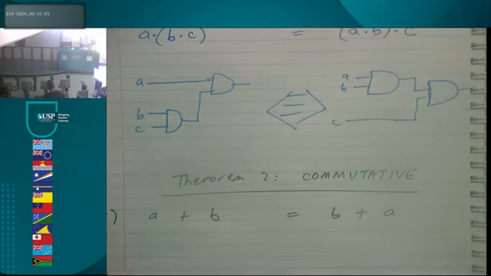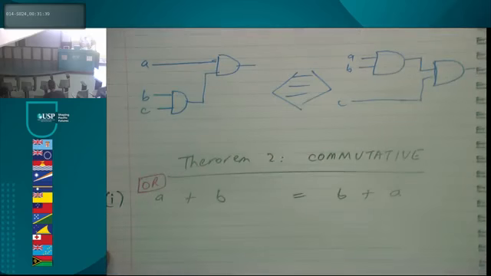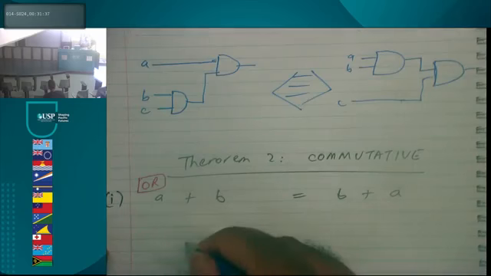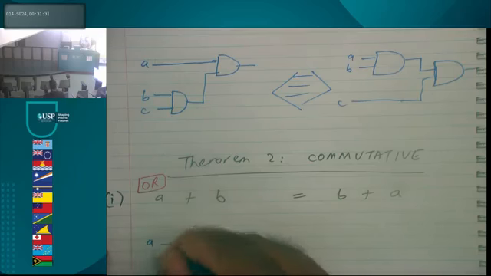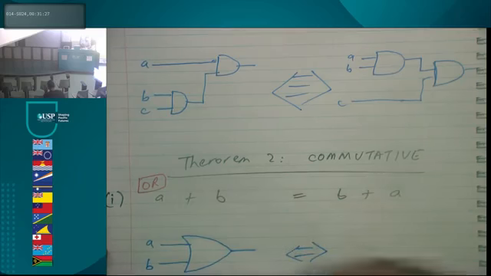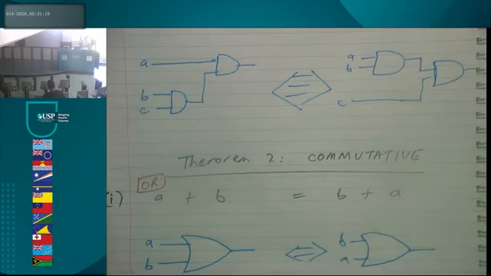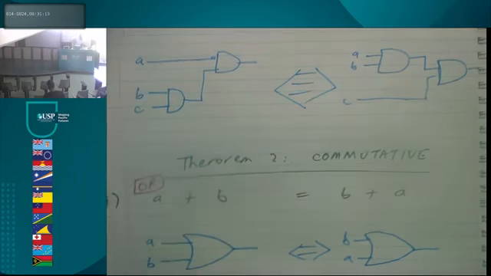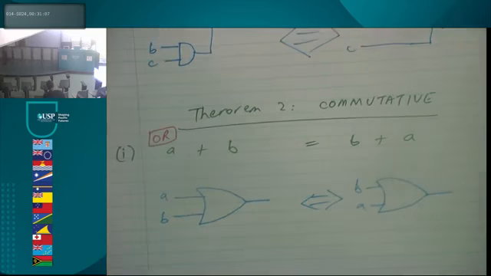Once again, every theorem will have an AND version and an OR version. What this theorem actually means in hardware is that we're using a big word like commutative, with so many letters, but in reality, the circuit is what matters in the end.